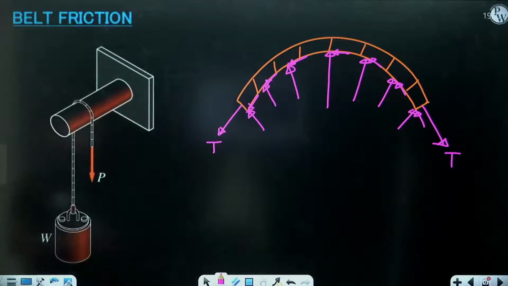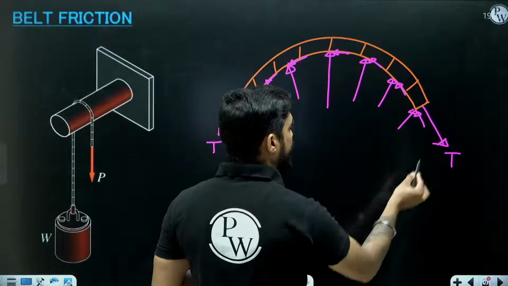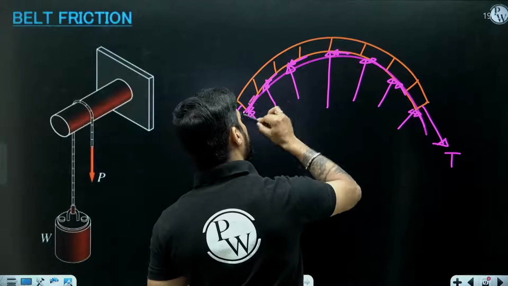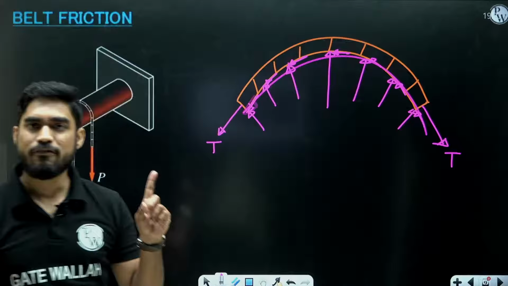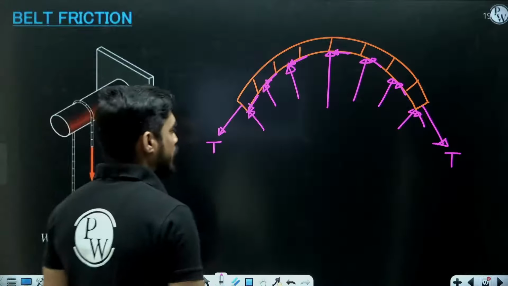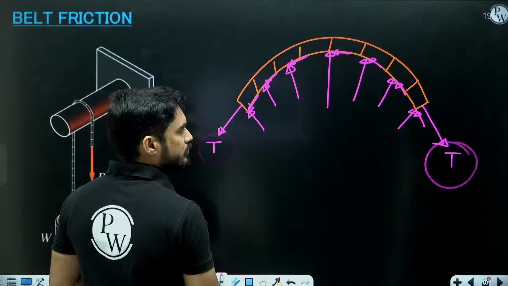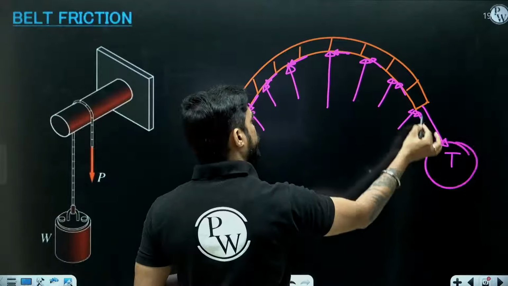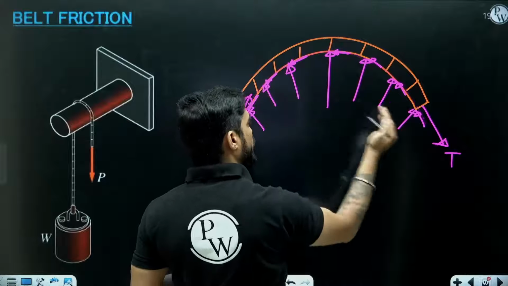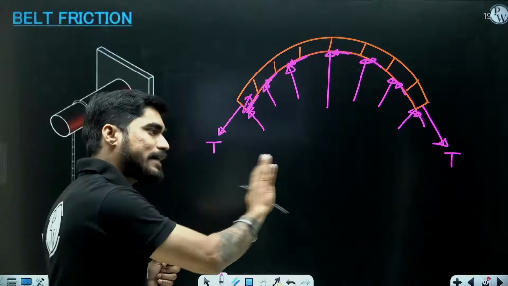Now look at this. Do you think that this is balanced? We have now extra forces towards the left side. The friction forces are acting towards the left side, so now on the left side we have greater forces compared to the right side.